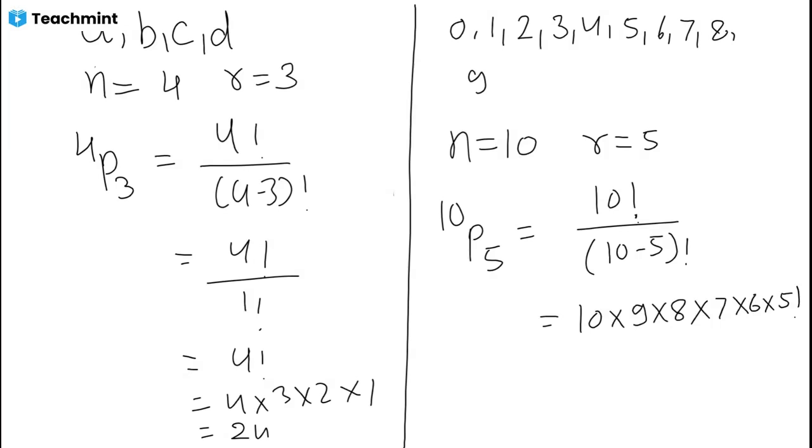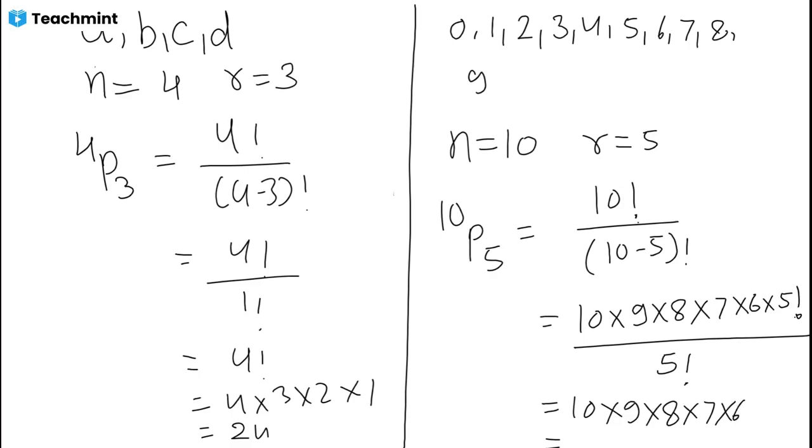We expand only till here because we have factorial 5 in the denominator, so cut it. You will get 10 into 9 into 8 into 7 into 6. Just calculate it and you will find the number of telephone numbers. Got it? Yep.